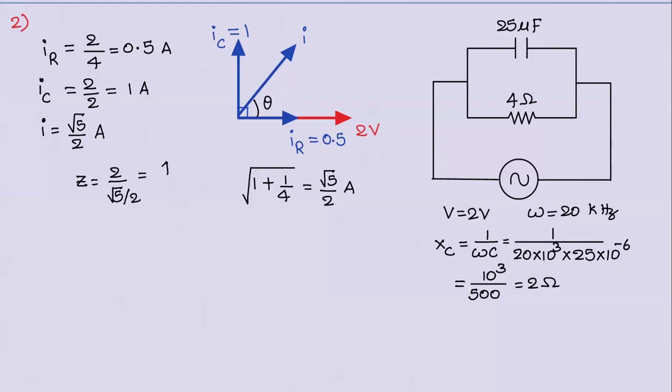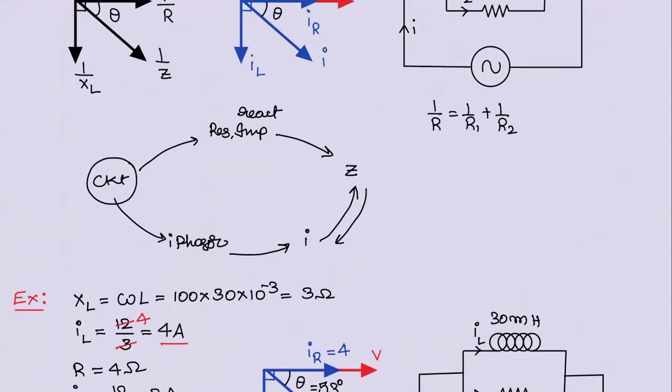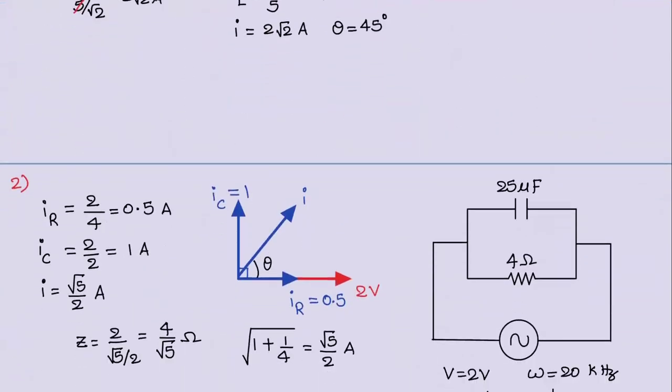That is equal to 4 by root 5 is Z. So for Z, you don't need to make that phasor. The path you see, you will understand. My path is like this. Take the circuit and make the current phasor and calculate current. From there also you can find Z. No issues. It is slightly one step lengthy, but I'll strictly follow this method.